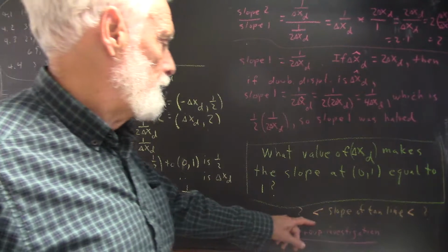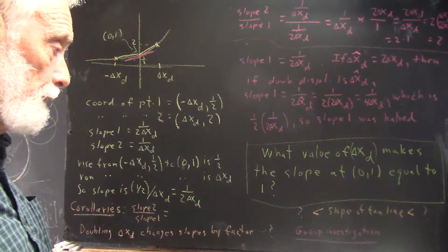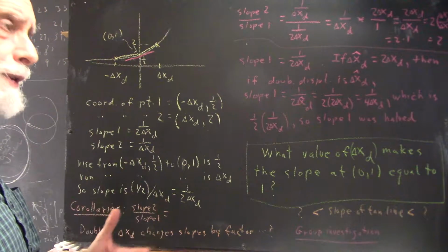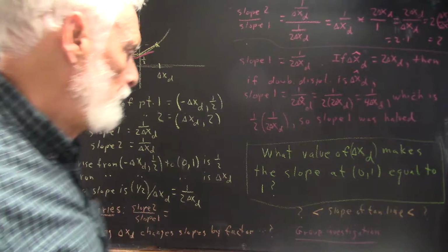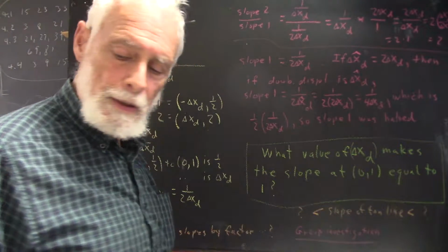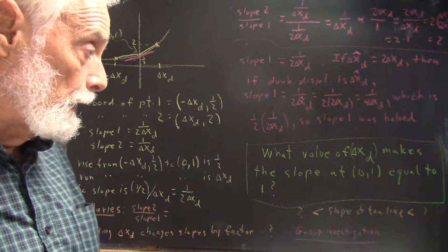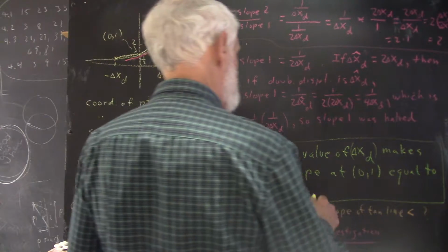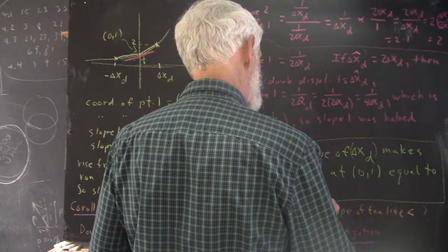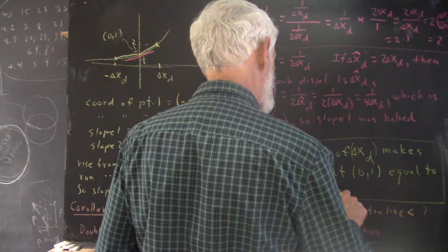So, I assigned this as a group investigation, and the group spent a good amount of time trying to organize themselves to conduct an investigation that would give us a good estimate of this slope. And at this point, we have the conjecture that maybe the delta x sub d is 2/3.